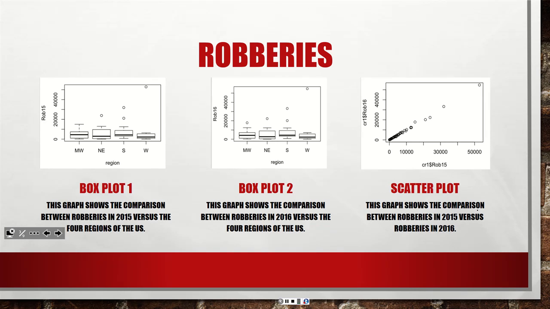And 2015 and 2016, the graphs are basically the same. So just by looking at those, you can kind of tell the data is roughly the same. And looking at the scatter plot, you could basically draw a straight line. So there's like a positive relation between the X and the Y axis.